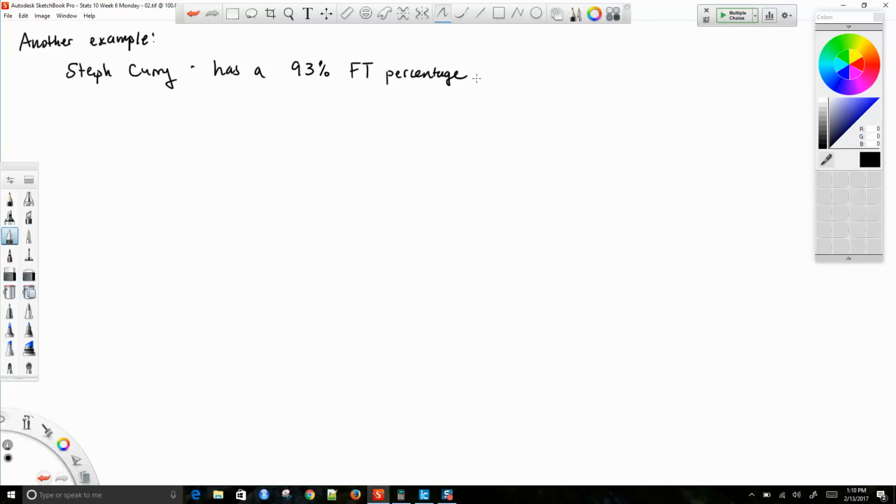Okay, and we will assume each free throw is independent. Perhaps that may or may not be true, but for the sake of our math, we'll assume that it is.